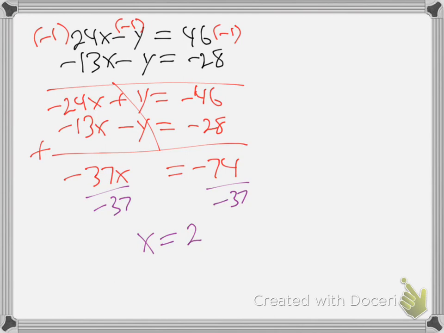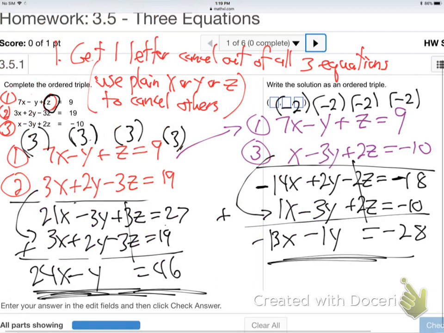Now it's time to go get the other letters. How do we do so? Where do we go? Plug the x in. Yeah. But where should I plug it in? Normally, when we plug stuff in, we go all the way back to the beginning, grab one of the equations, and plug it in. But that wouldn't be a good game plan now, would it?